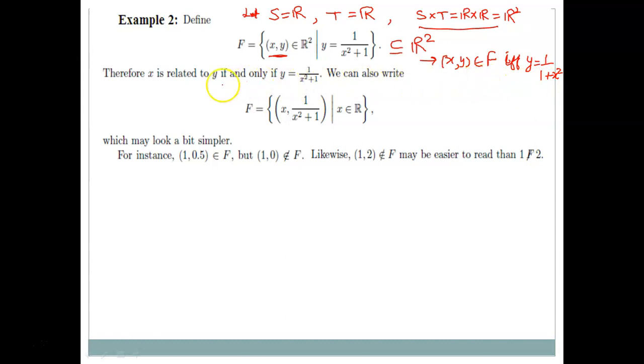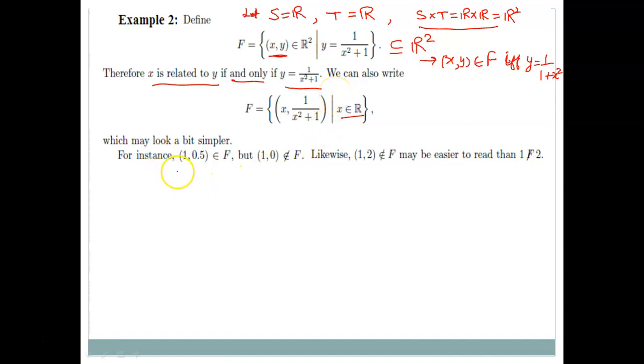So that is why we can say, in other words, that x is related to y if and only if y equals this. Or simply you can write that F consists of the pairs of the type (x, 1 over x square plus 1), where x is from R. These are the different representations of this relation.